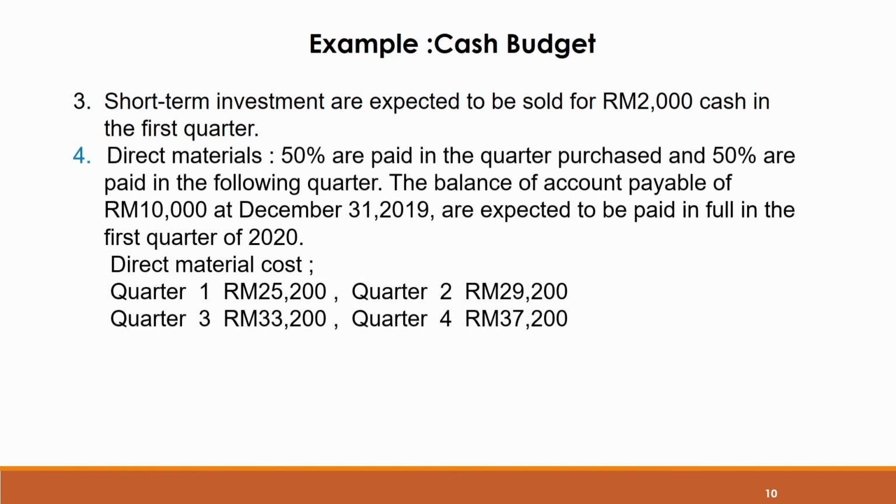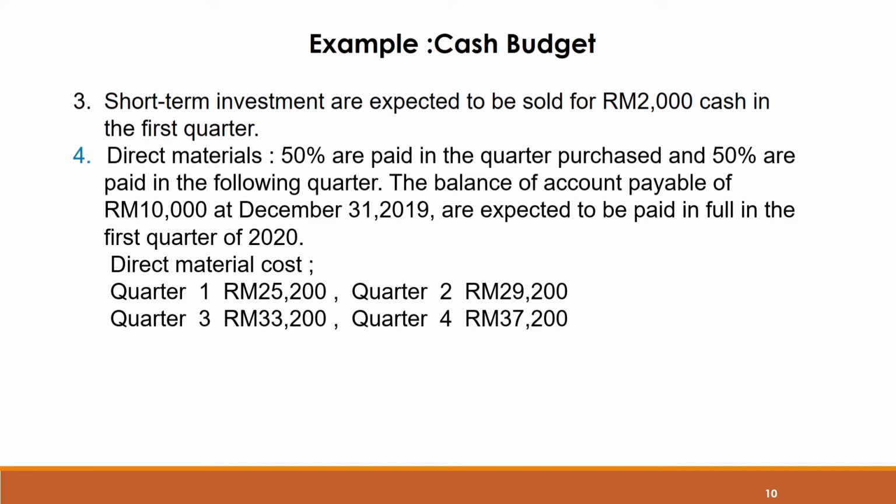Number four, for direct materials, 50% are paid in the quarter purchased and 50% are paid in the following quarter. The balance of accounts payable of Rm 10,000 at December 31st, 2019 is expected to be paid in full in the first quarter of 2020.